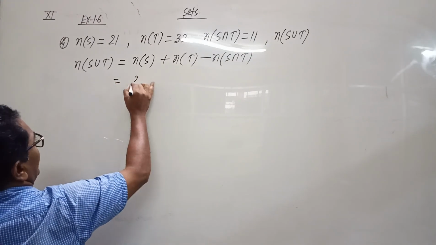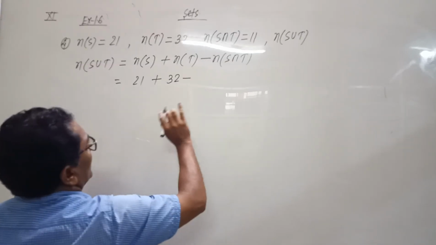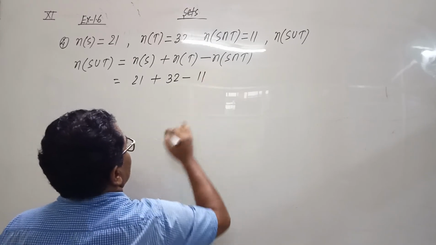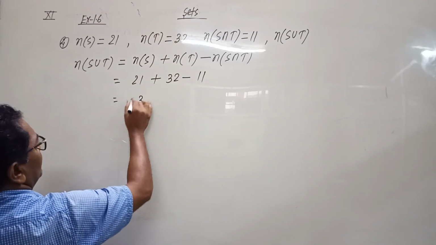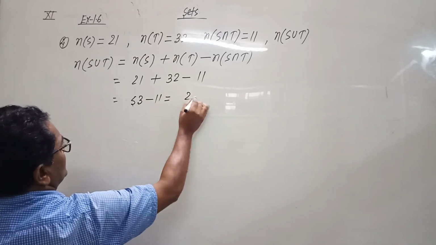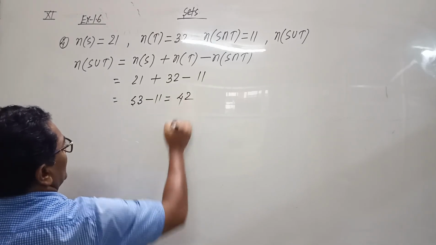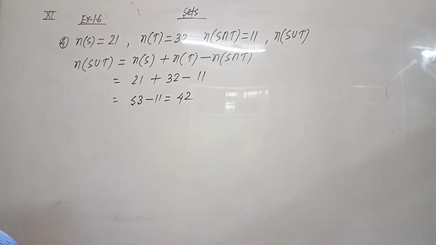So n(S) is 21, n(T) is 32, and n(S ∩ T) is 11. So this becomes 53 minus 11, which is 42. So the number of elements of S union T is 42.